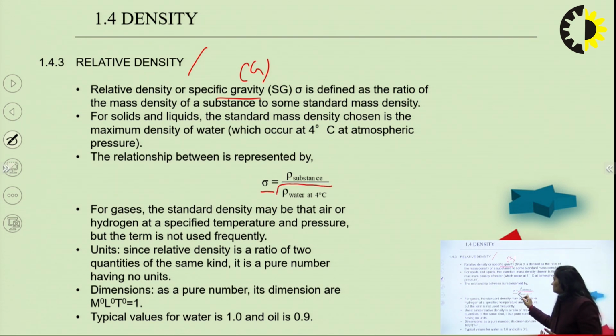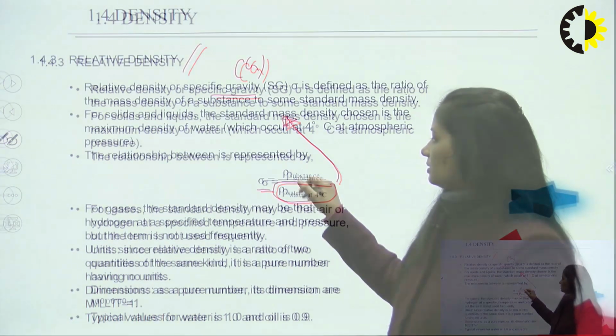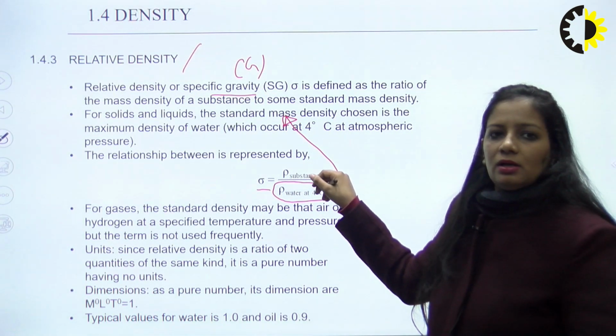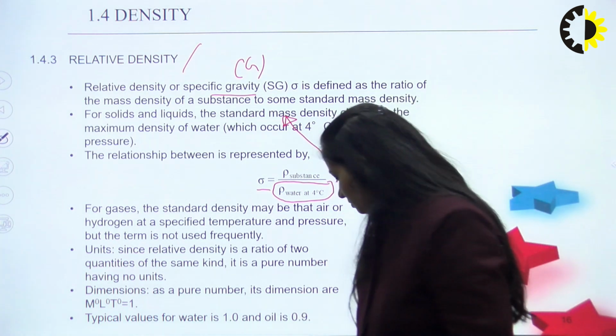So the mass density of water at 4 degree centigrade is the standard mass density. We choose this value for our calculations. Because this is a ratio of two same quantities, it is dimensionless, unitless.